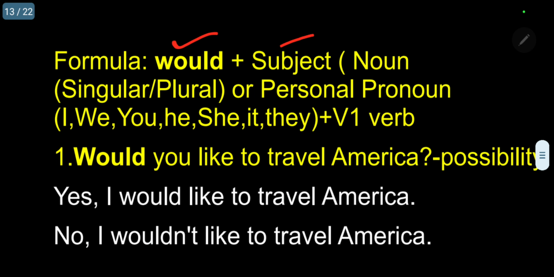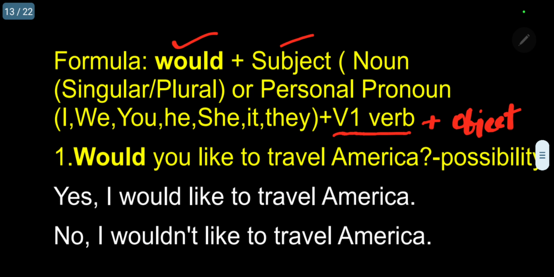Anything you can use as a subject. And then B1, present tense verb. After would, you have to use a B1 verb. Plus, if necessary, objects, the other thing to complete the sentence. Please follow. So this is the formula you have to apply.